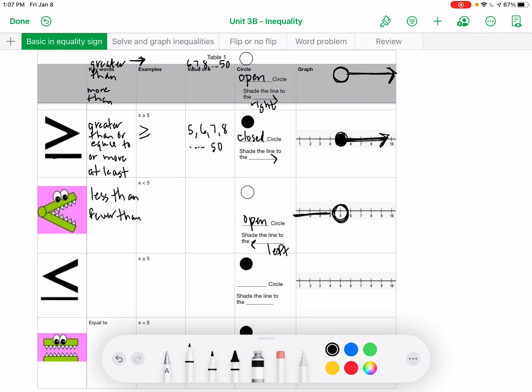So I'm going to shade my arrow that way, and I forgot to give you examples. If it is less than 5, it's an open circle. It's not including 5. So that means it is 4, 3, 2, 1, negative 4, and on and on and on. Okay? Our next sign is less than or equal to.